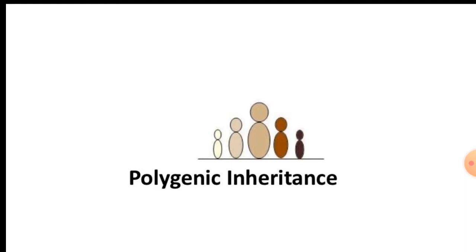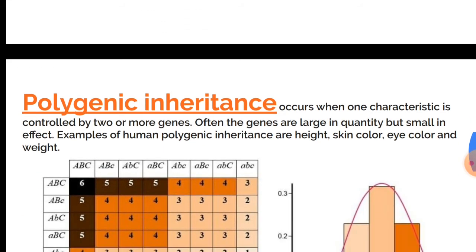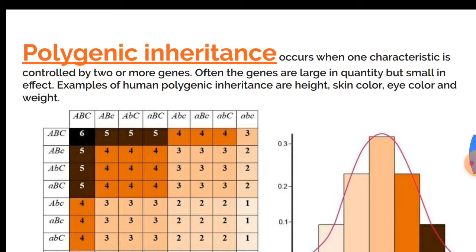This is almost the bell-shaped graph which we see in the skin color inheritance of humans. Very fair, you see the intermediate coloration with the peak, and then coming towards the very dark. So this is an example of polygenic inheritance, in which the very light skin color is changing to dark, darker, up to the darkest. And which is the highest proportion of the population? The intermediate one, right?